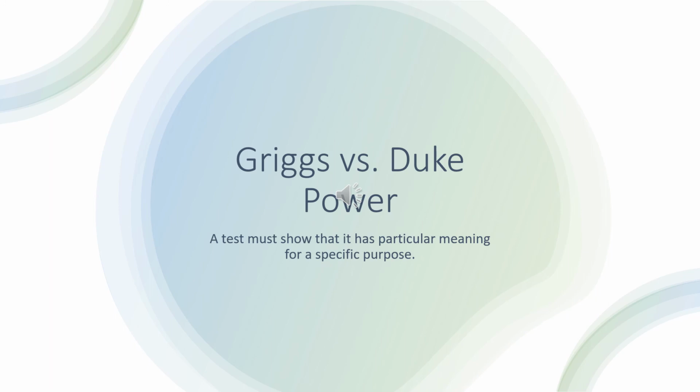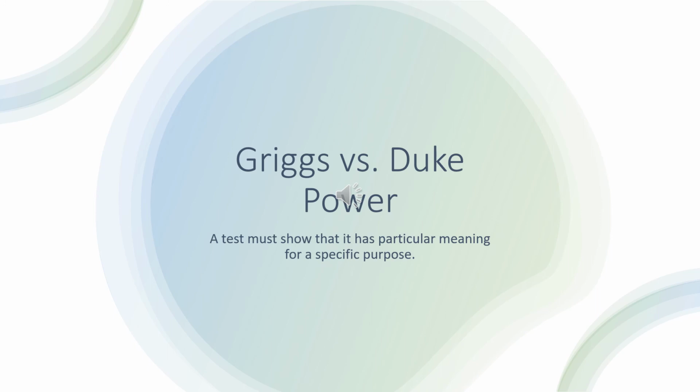So the Griggs versus Duke Power case became the basis for the Civil Rights Bill of 1990, which amended the Civil Rights Bill of 1964, and it banned employment discrimination. So employers now have to show that a test used for selection or for promotion has a specific meaning.